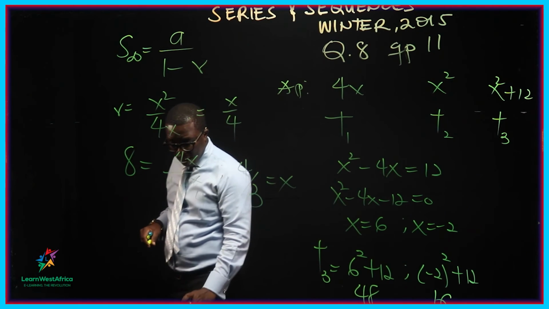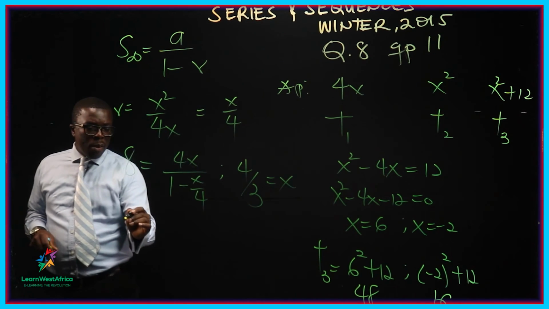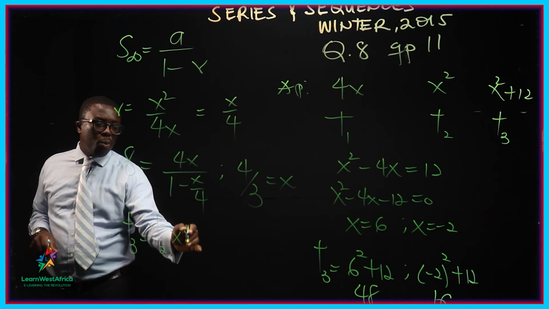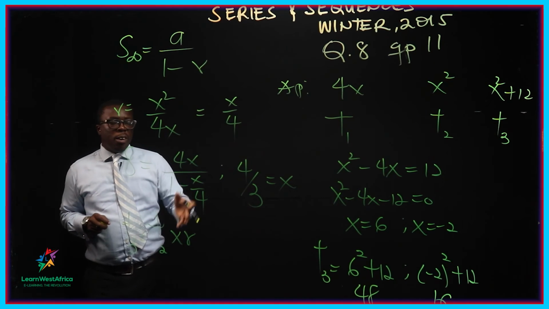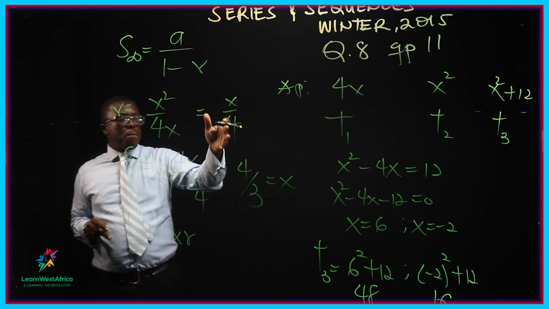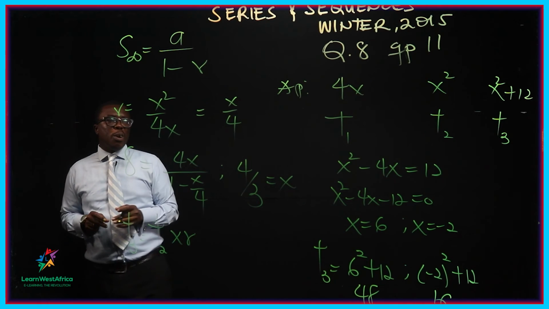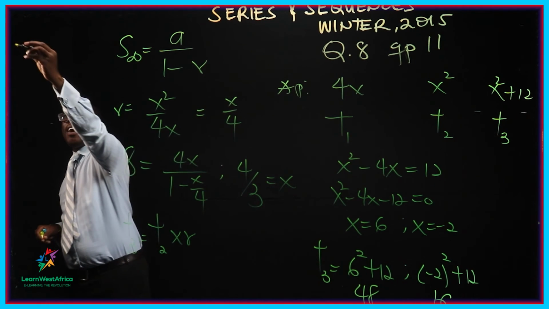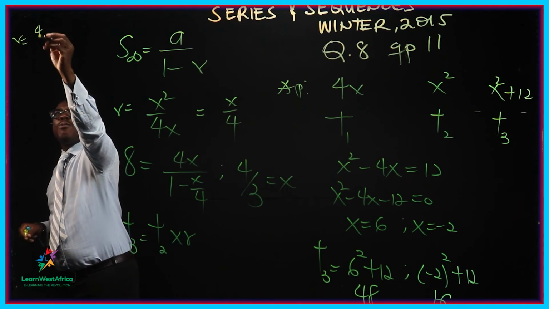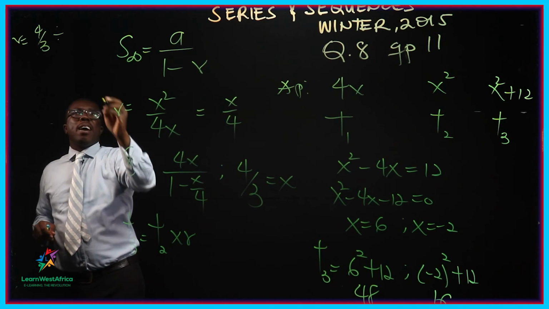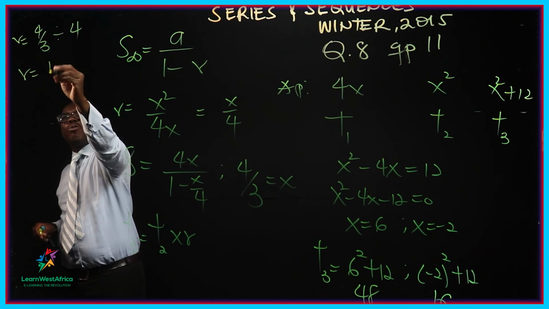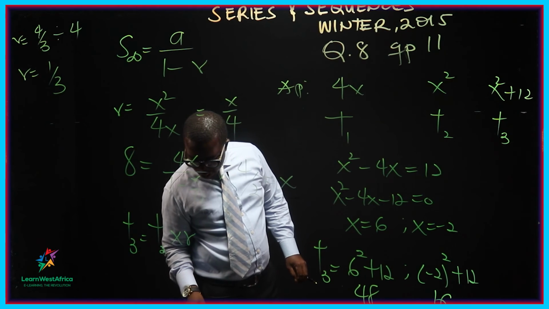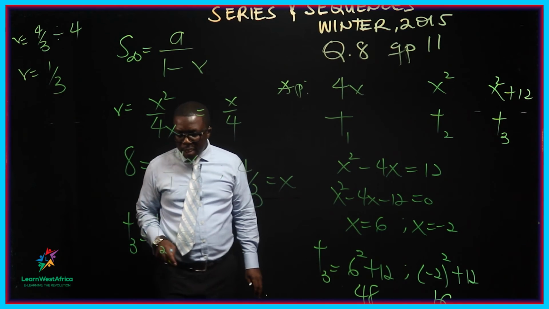So if your x is 4 over 3, what is going to be your third term? Remember that your third term, T3, is always your second term times your common ratio. With x equal to 4 over 3, what is our common ratio? Remember, the common ratio is x over 4. So our r is 4 over 3 divided by 4, so your common ratio is 1/3.